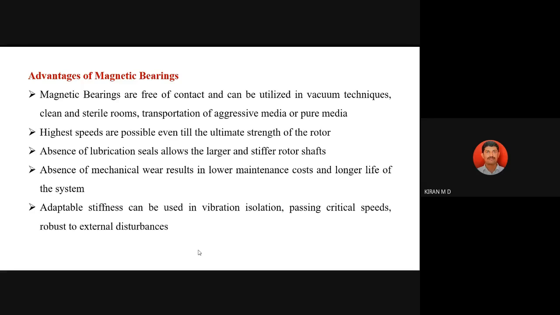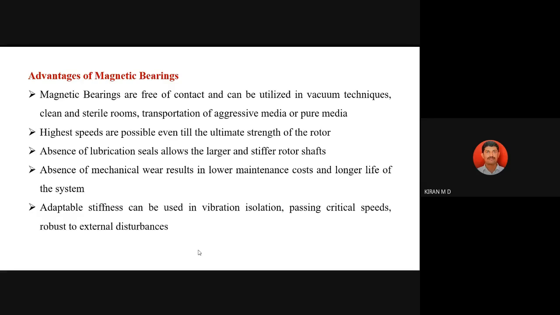And passing critical speeds means, we know you're already aware of the critical speed of the shaft, right? Even in your design laboratory you have conducted the experiment. So what is the critical speed of the shaft? It means at a particular speed, when it reaches the natural frequency, it causes the breaking of the shaft.